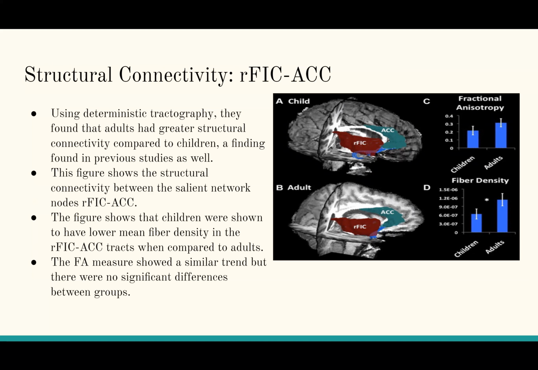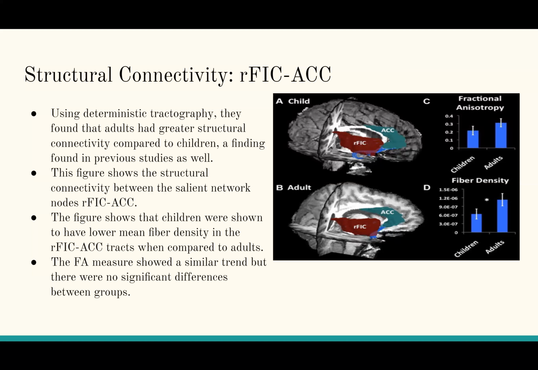An important part of this is part C, where the fractional anisotropy measure showed a similar trend, but there were no significant differences between the groups. FA, the fractional anisotropy, describes the degree of anisotropy of a diffusion process.